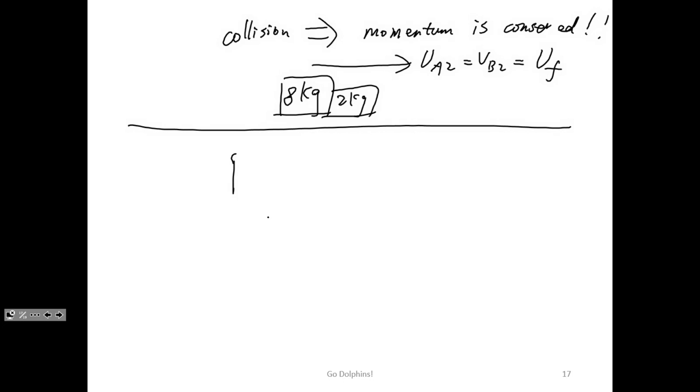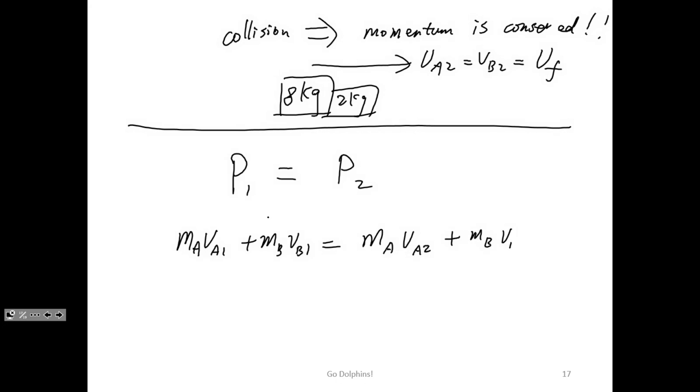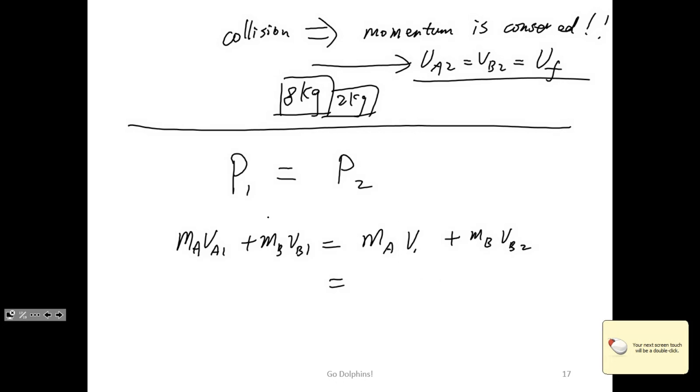And so we have the momentum conservation equation. MA VA1 plus MB VB1, that's the initial momentum. Final momentum MA VA2 plus MB VB2. But VA2 and VB2 they all equal VF. I can replace. MA VF plus MB VF.